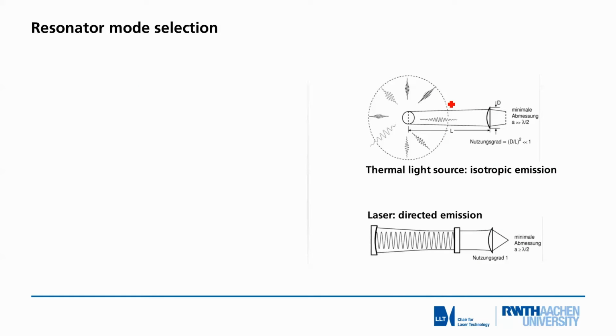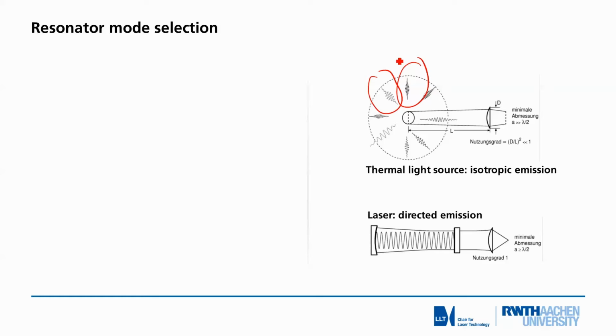In the next viewgraph, you will see a very rough comparison between the thermal light source on the right top picture and a laser. As you see, the thermal light source emits all kinds of wavelengths. This is indicated by the different wavelengths here in all directions.